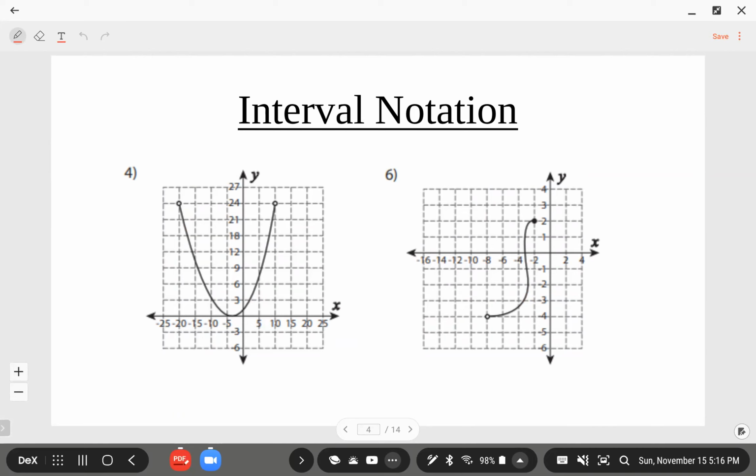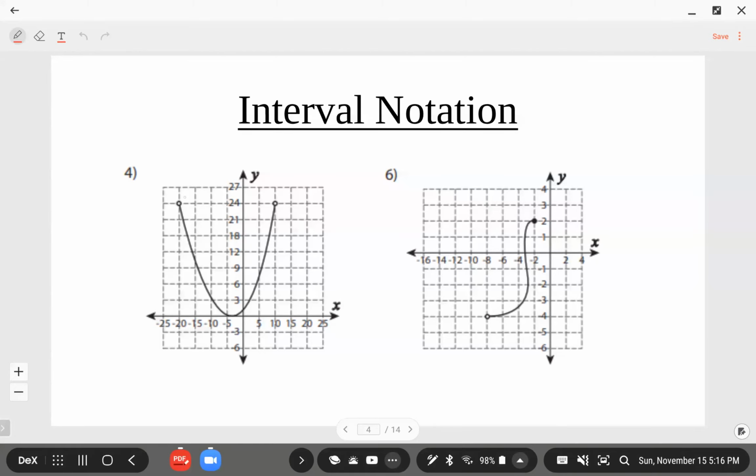I'm going to explain interval notation and the vertical line test and the horizontal line test. So first I'm going to explain the vertical line test. For those who have been to my last class, you know what the vertical line test is.